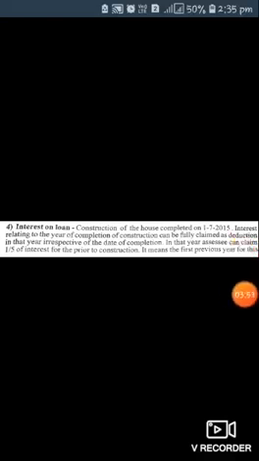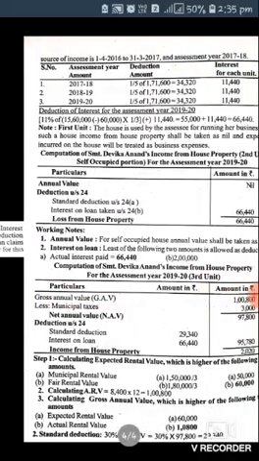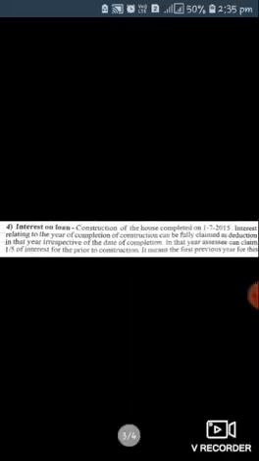Interest relating to the year of completion of construction can be fully claimed as deduction in that year irrespective of the date of completion. So the assessee can claim 1/5 of interest for the prior construction period. It means the first previous year is taken.